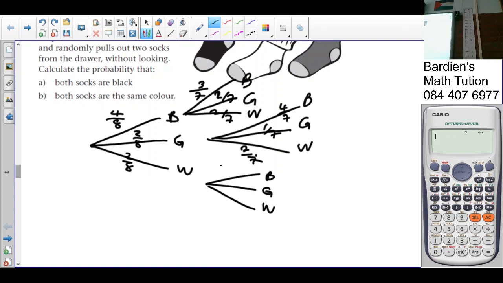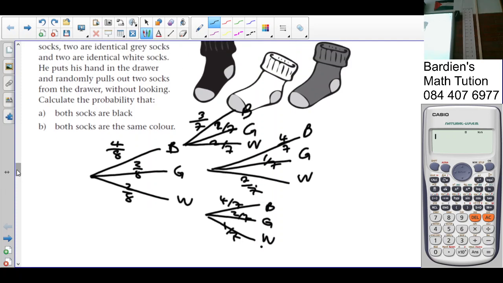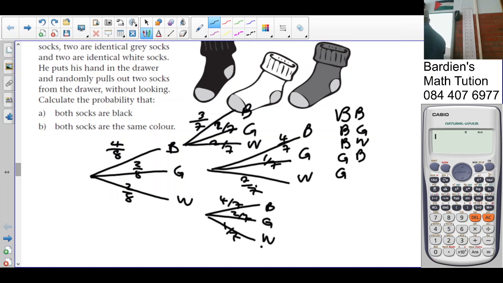It will be 4 out of 7, 2 out of 7, and we pull the white. It's 1 out of 7 socks left. So what are my outcomes? Black-black, black-grey, black-white. Grey-black, grey-grey, grey-white. White-black, white-grey, white-white. Okay.